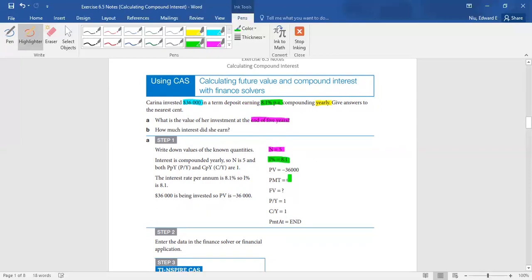The PV, or the present value, the reason why it's negative is because, think of it this way: if you were to deposit earnings and give it to the bank, technically you've given the bank money, so the bank owes you money.